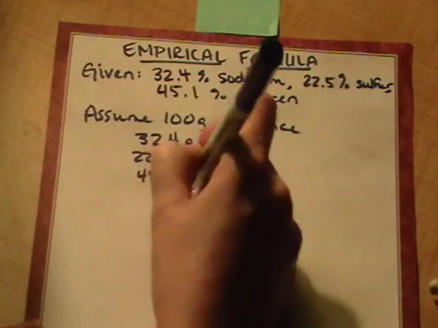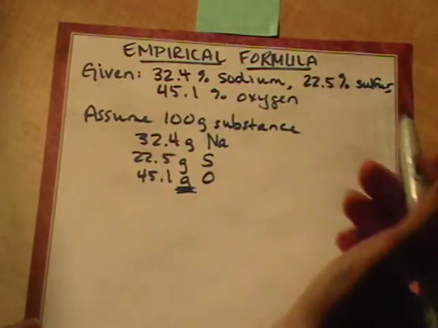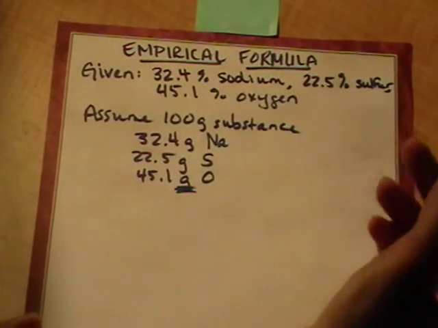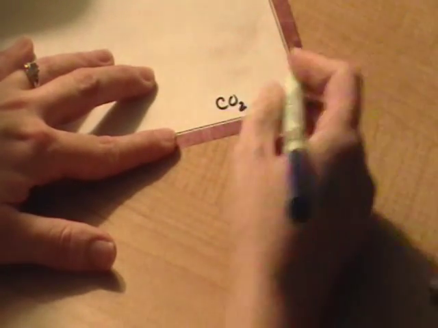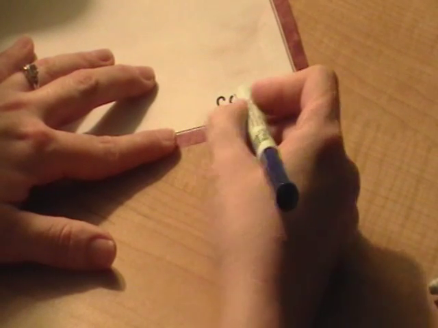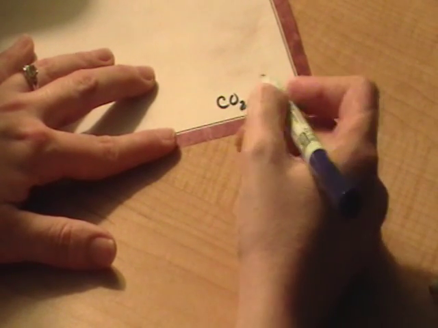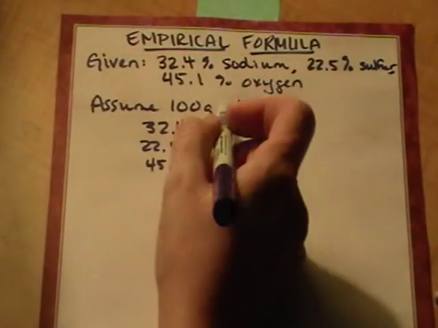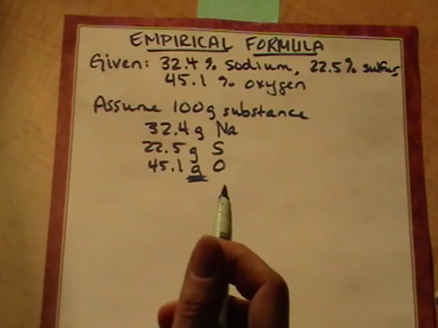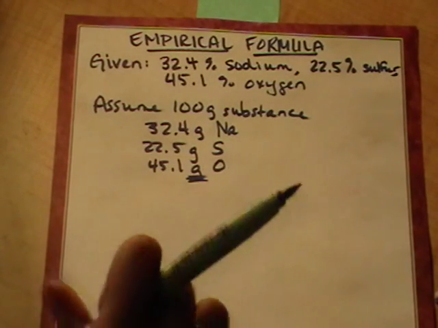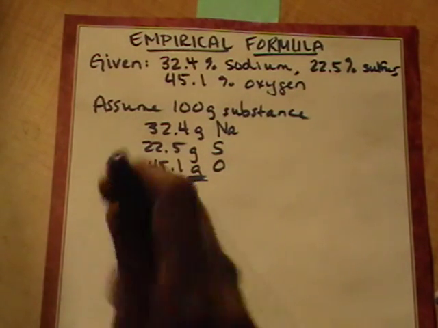I'm in grams here, but I need to move to moles because I'm going to write a formula. And if I write a formula that says like CO2 here, what I'm saying is I have 1 mole of carbon and 2 moles of oxygen that are bonded together. So in terms of this formula, I don't have moles, so I need to compute them, and basically I'm going to use the format that we've been working on with stoichiometry.